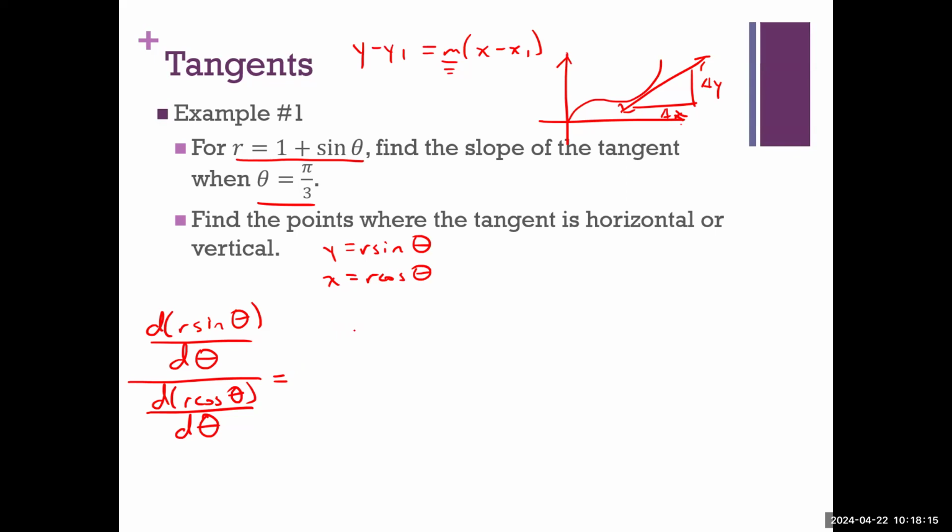For now, let's build this up generally, so I'm going to leave the 1 plus sine theta out of it, for some generic r. R cosine theta plus r prime sine theta. I'm going to replace r prime with dr d theta sine theta. Does that make sense for that derivative of the numerator?